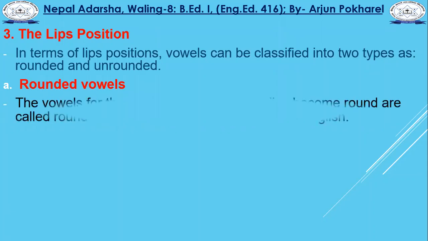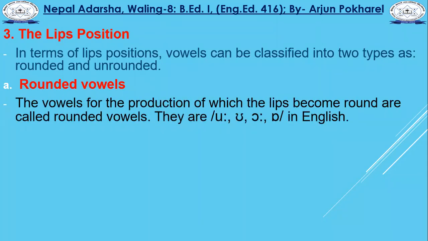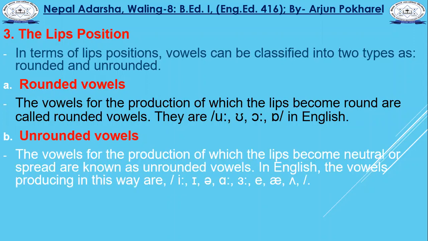In rounded vowels, the lips become round in their production. Unrounded vowels, as we did in our earlier class, are the vowels for the production of which the lips become neutral or spread. I described that in detail in my previous class.